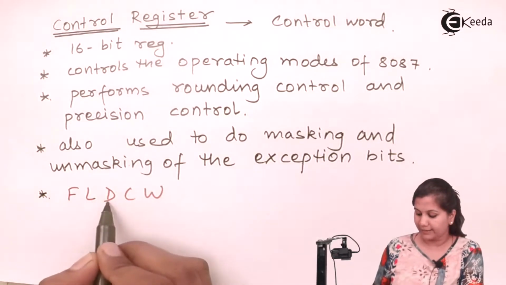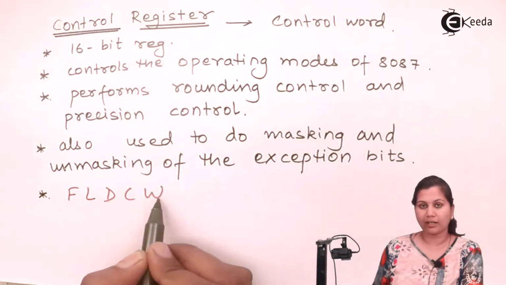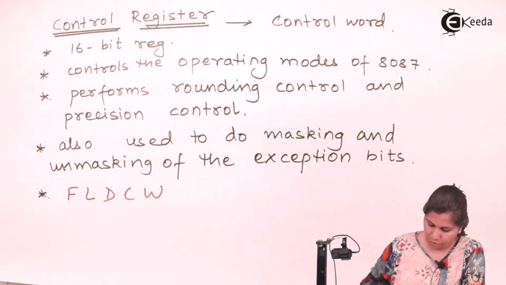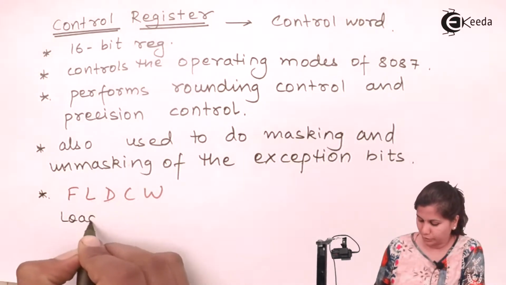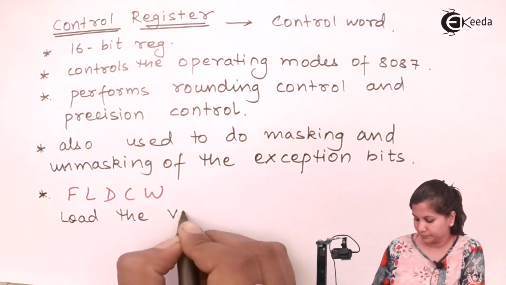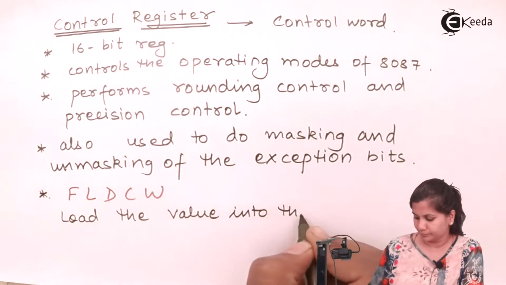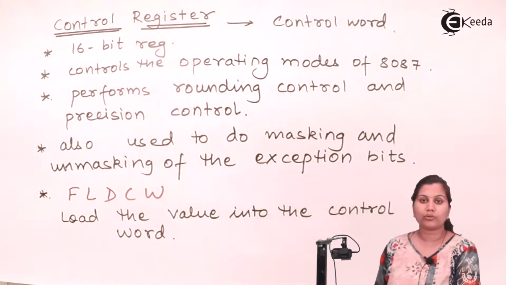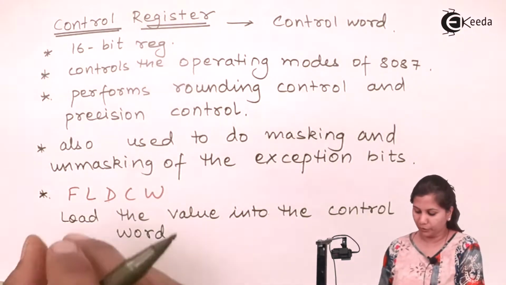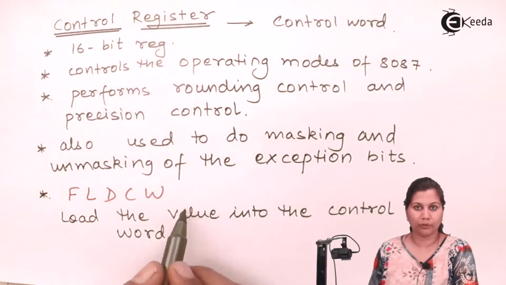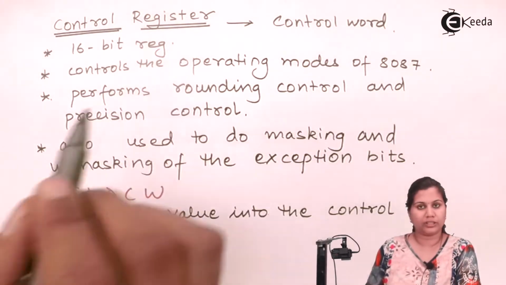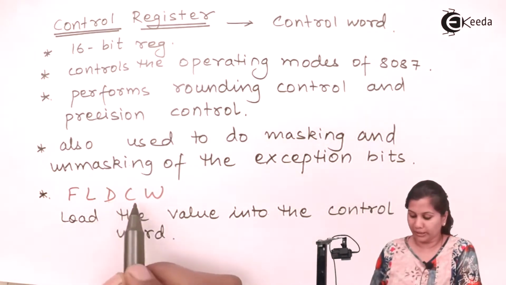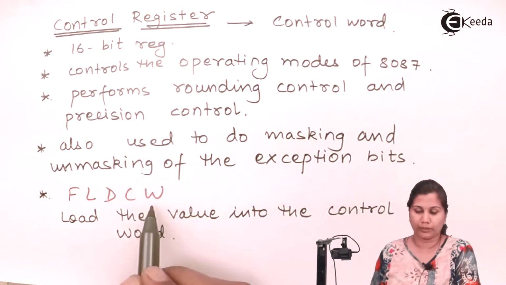That is, LD is for loading, CW is for control word. Okay, so this instruction loads the value into the control word. So whenever we want to write the control word, we will use the instruction FLDCW. F is always used for the 8087 coprocessor. LD is for loading and CW is for the control word. Okay.